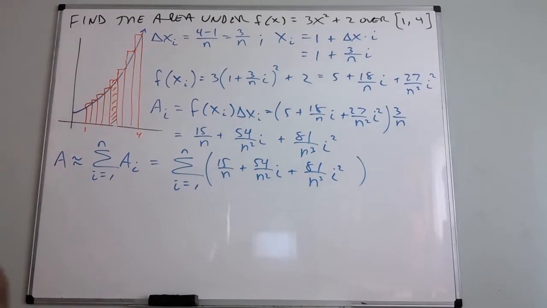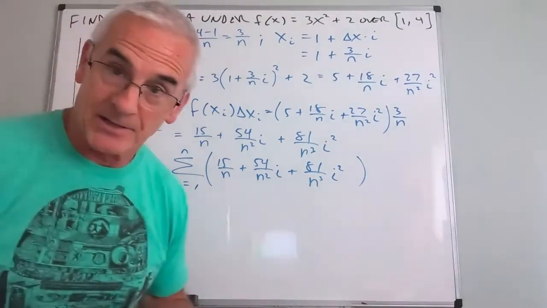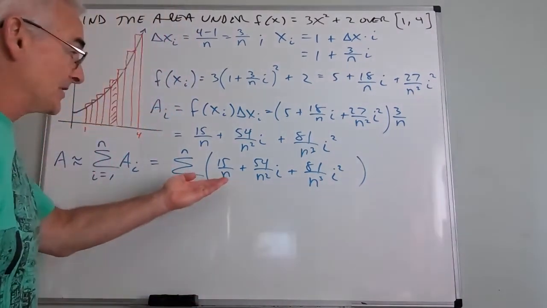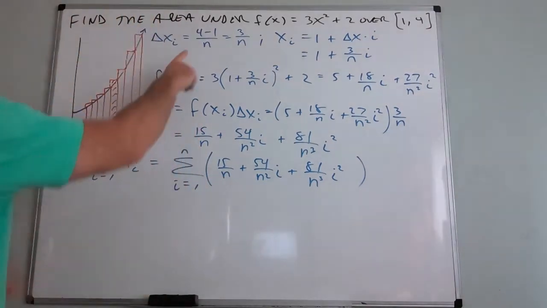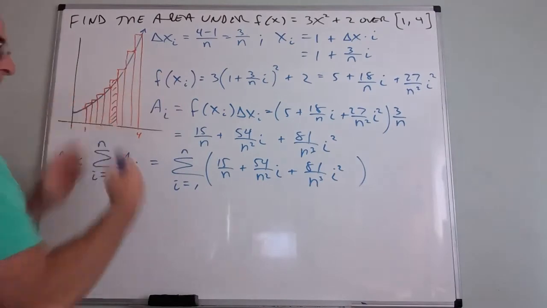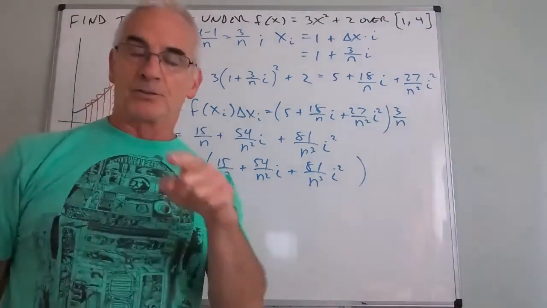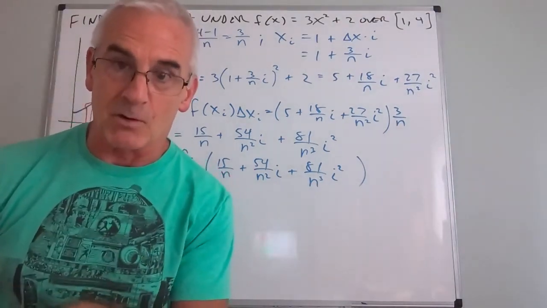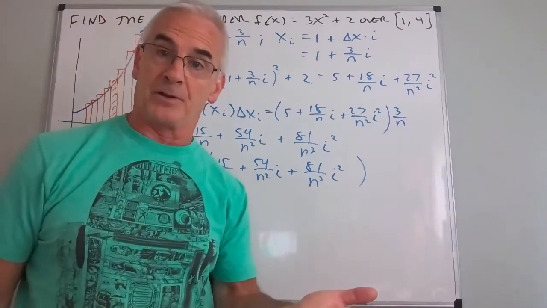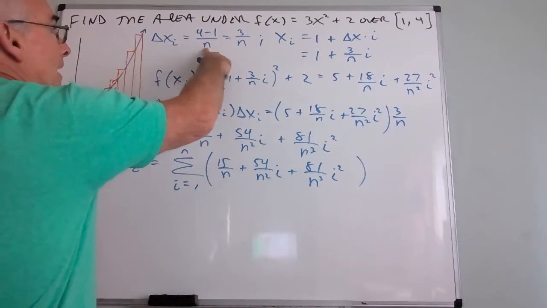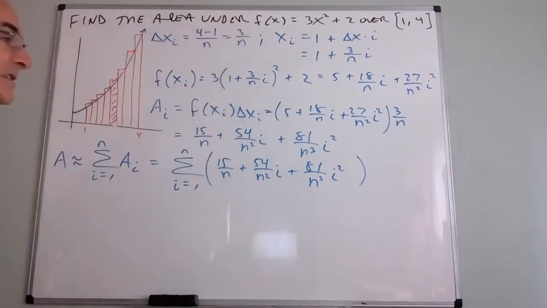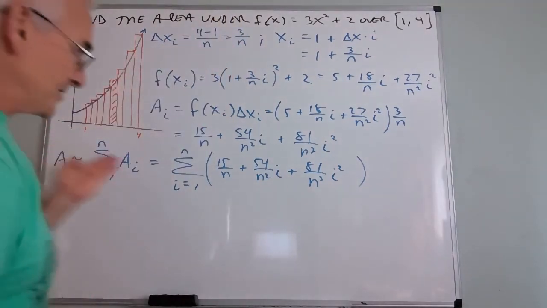And in the end, by the way, I'm going to take a limit as n goes to infinity, because if n goes to infinity, that means each of my delta x's is getting smaller and smaller. So taking the limit as delta x goes to 0 or taking the limit as n goes to infinity will serve the same purpose. Because as n grows without bound, each of these is approaching 0. Now, I just need to calculate this.